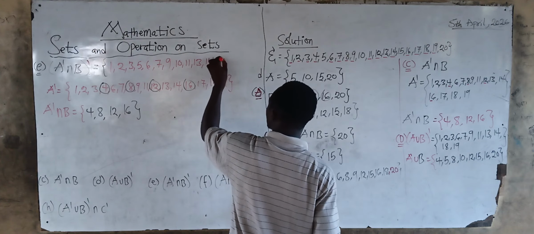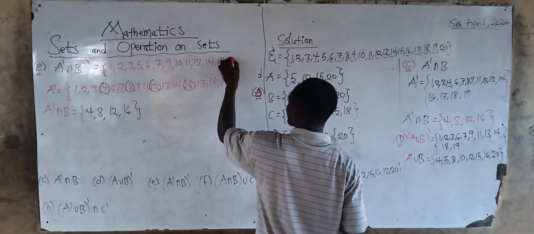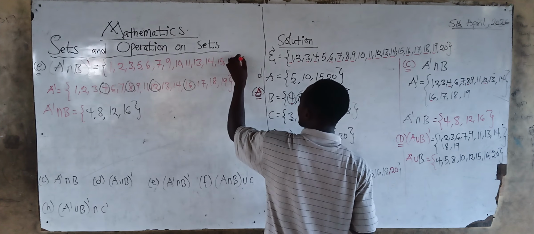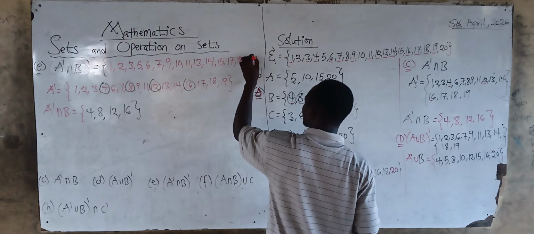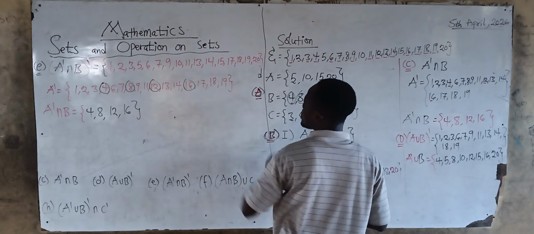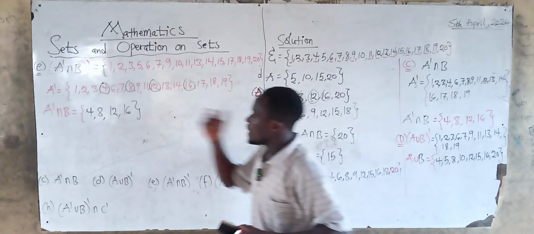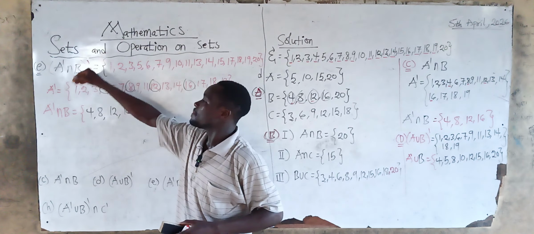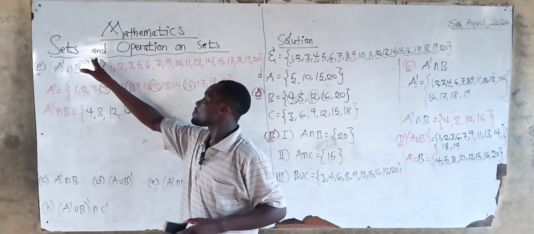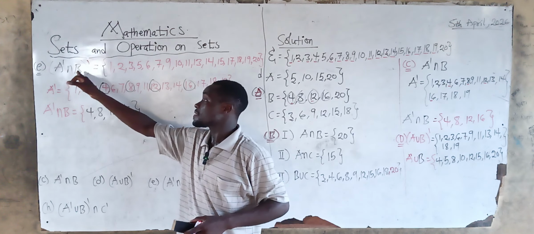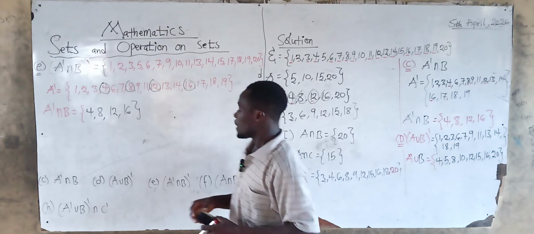We can have 15. We can have 17. We can have 18. We can have 19. And we can have 20. So this then becomes the set of elements for A complement intersection B, all complement. Thank you very much.